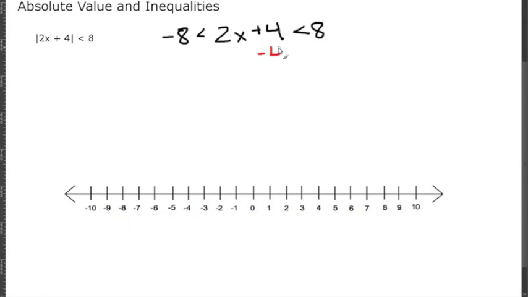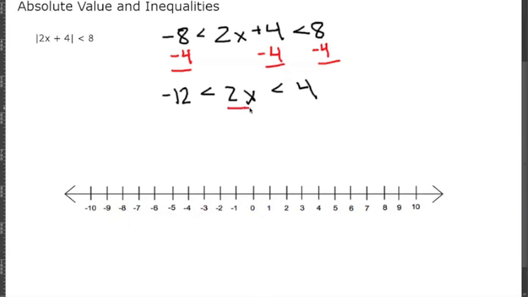Subtract 4 from the middle, 4 from the right, and 4 from the left. That will leave us with -12 is less than 2x, which is less than 4.